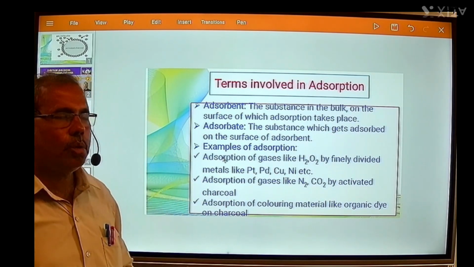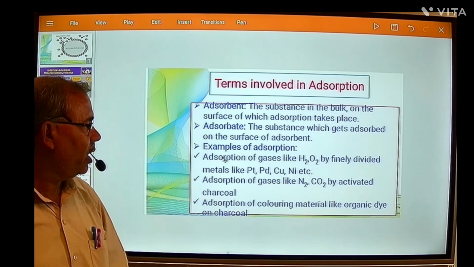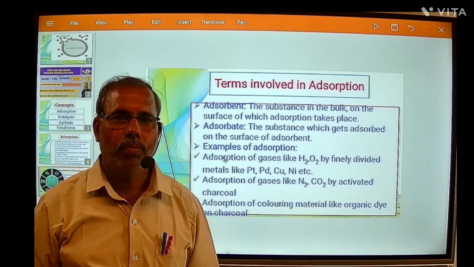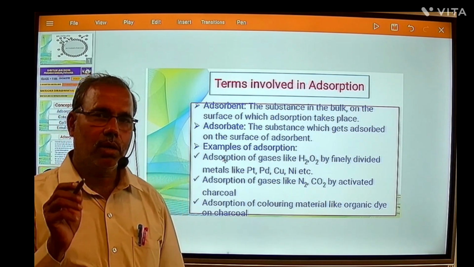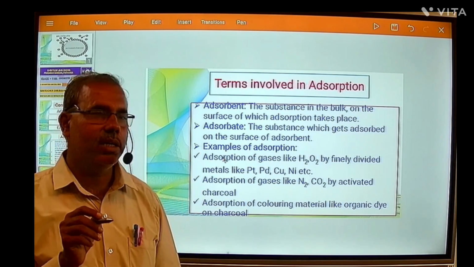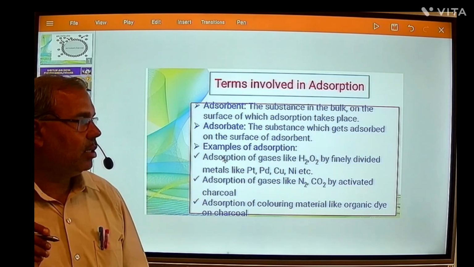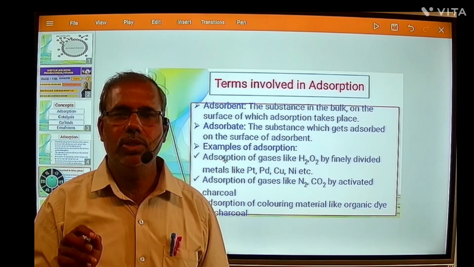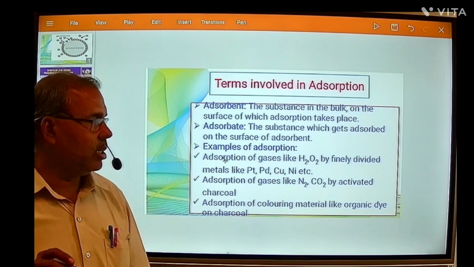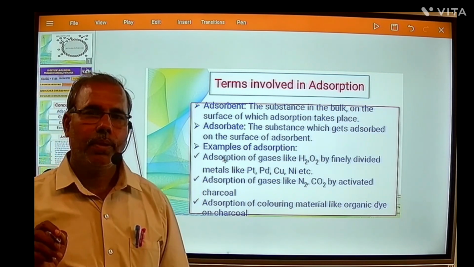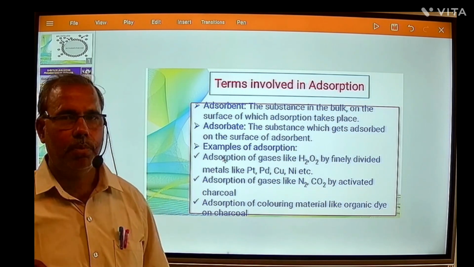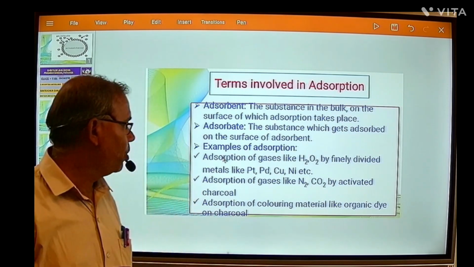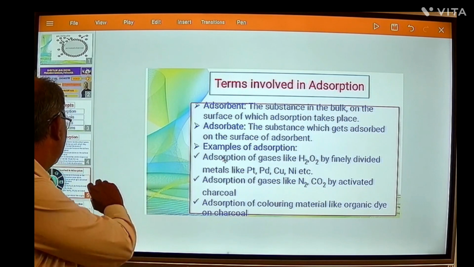Then adsorption of coloring material like organic dye on charcoal. On the charcoal we can see the colored particles of different organic dyes. Dyes means artificial colors. So colored particles of these organic dyes get adsorbed on the surface of charcoal. These are a few examples of adsorption in chemistry.